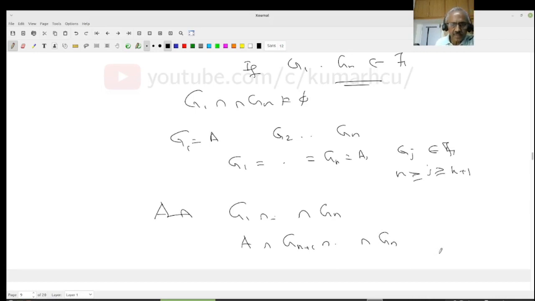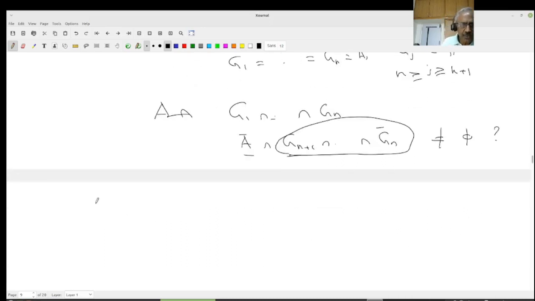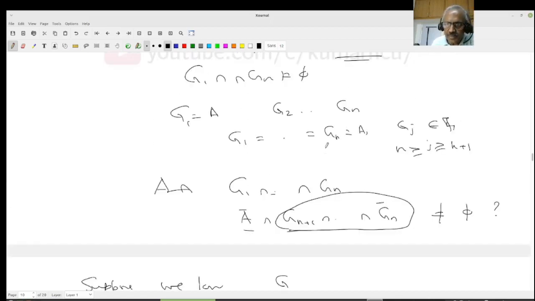Now I know A intersection each of these is non-empty, but I do not know whether the intersection of all of them with A is non-empty. This is what I want to know. Let me call them F1, F2, Fn.